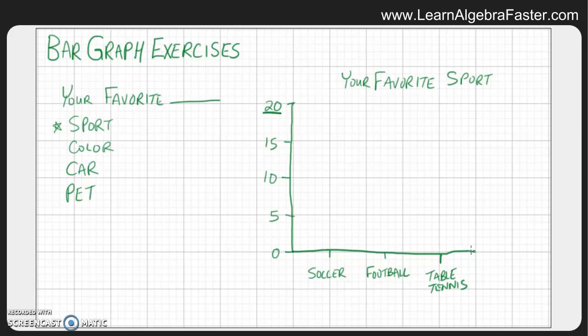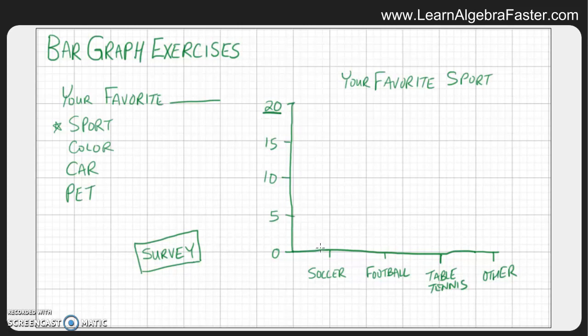And then actually we could start a fourth category that says other. So basically any other type of sport. So what you would do here is you would take a survey of everyone, and you would ask them all the same question. You would ask them, what is your favorite sport? And then you would show those results on this graph.